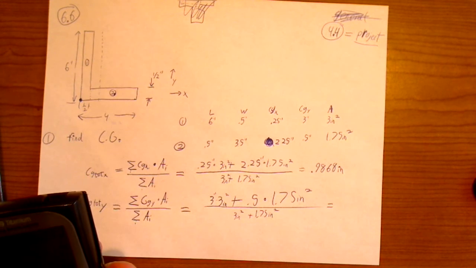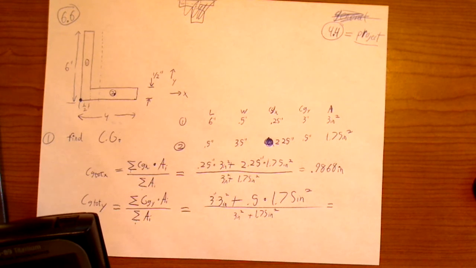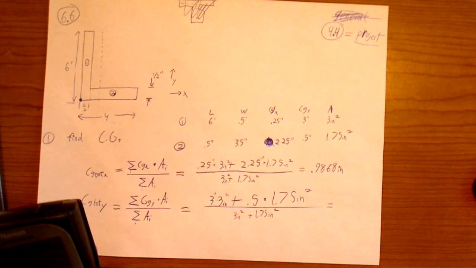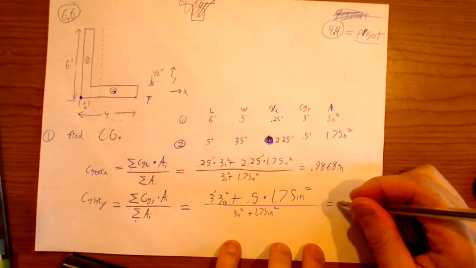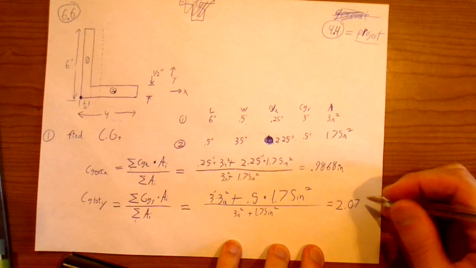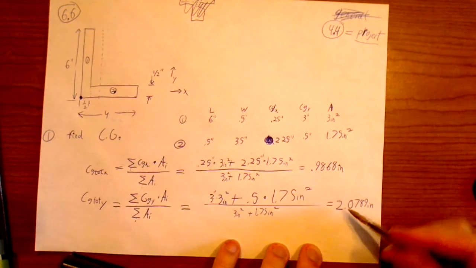All right, now we'll find out this. 3 times 3 plus 0.5 times 1.75, all that business, divided by 4.75. Just over 2, so 2.0789 inches. You can obviously round.